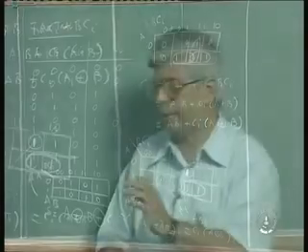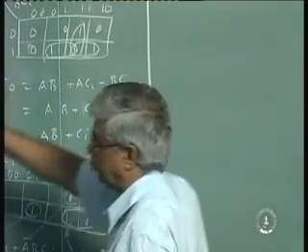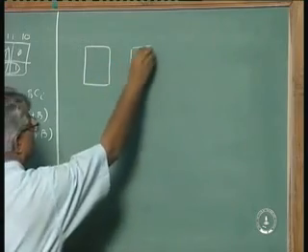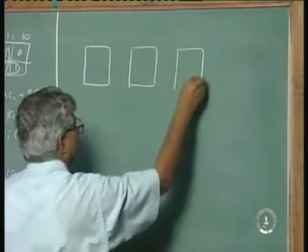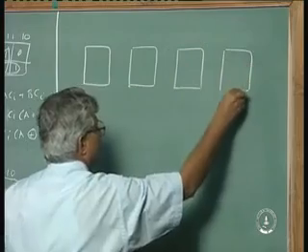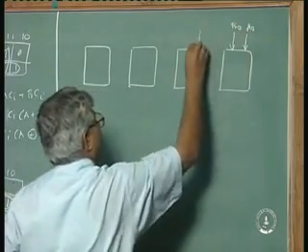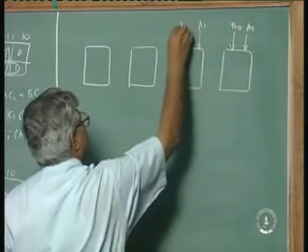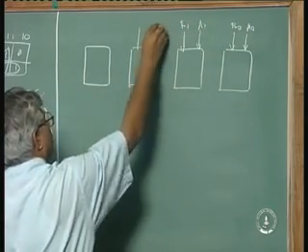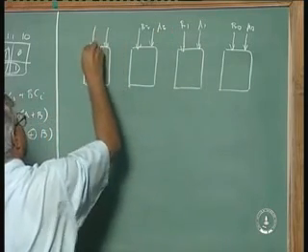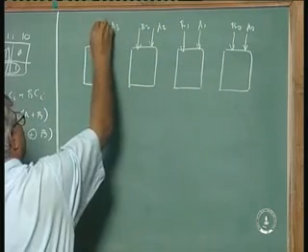As I said, we have to do multi-bit addition. Suppose I have a 4-bit number as I assumed here. A and B are both multi-bit. So how will it look? The 4-bit adder will look like this: I have 4 bits, A0, B0, A1, B1, A3, B3.